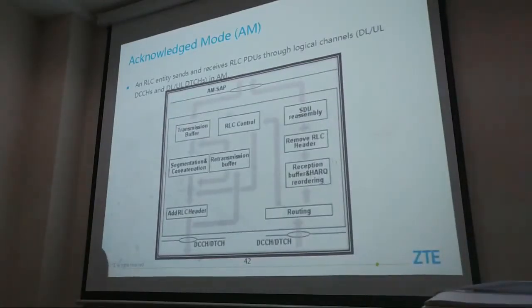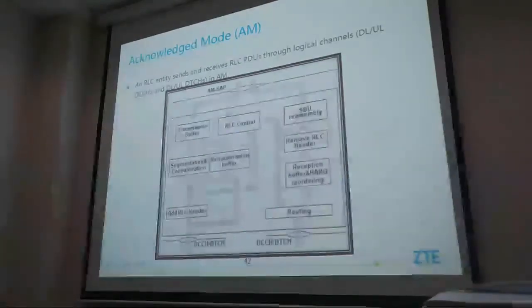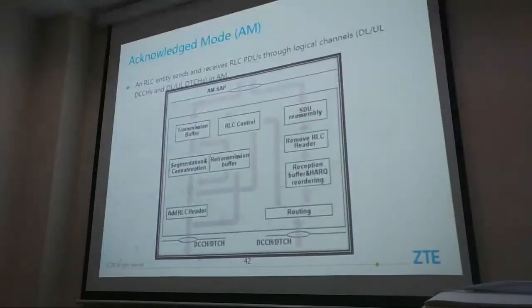That is, we will set a polling parameter. That is, for the polling, I will wait for some time. And this is a polling timer. I will wait this time, and then feedback all these packets, ACK or NACK.